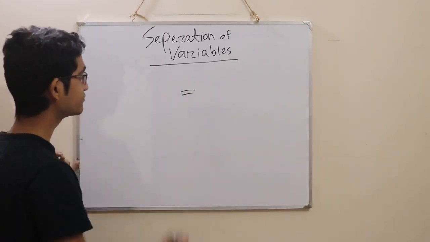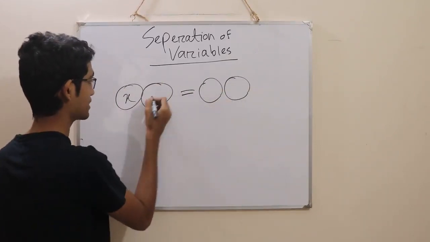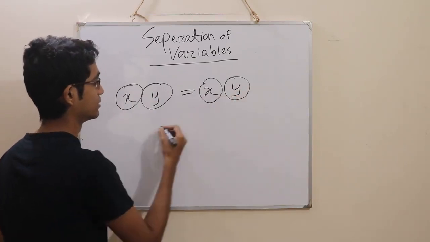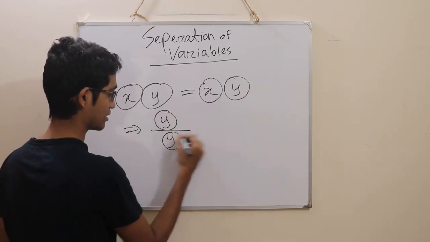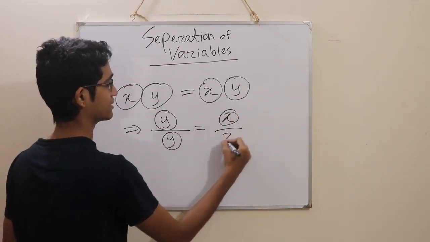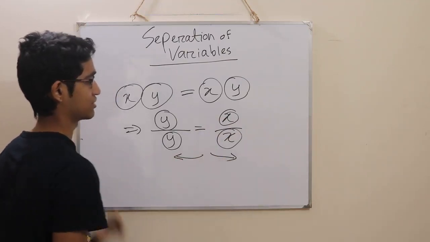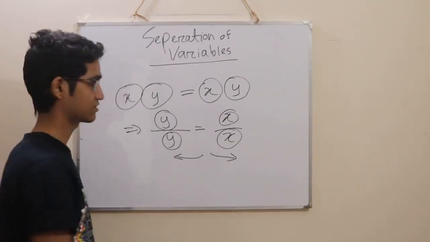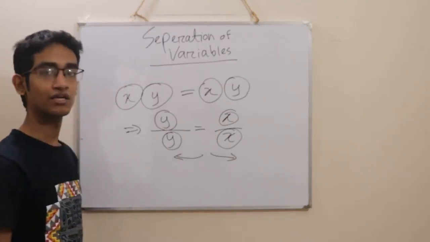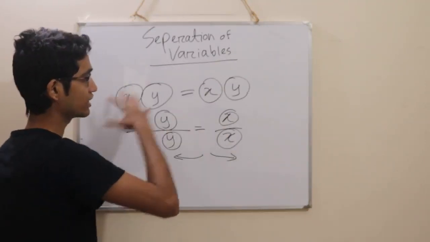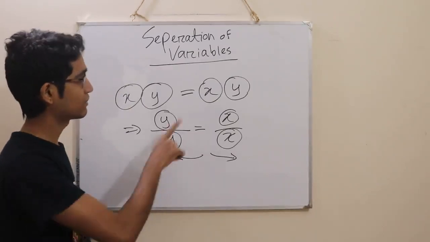So what I mean is that if there is an equation, and somehow the equation can be rearranged so that all the terms containing Y are here and all the terms containing X are here, so that no term containing X is on this side, no term containing Y is on this side. All the terms that contain X, just X, are here. All the terms that contain Y and only Y are here. And if an equation can be separated in this way, then that is the equation that we can apply the separation of variables on.